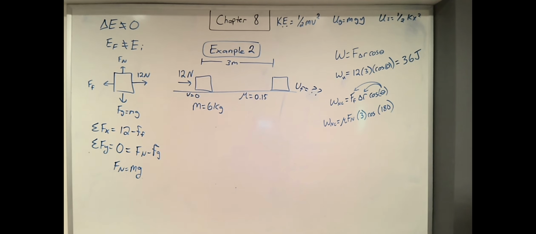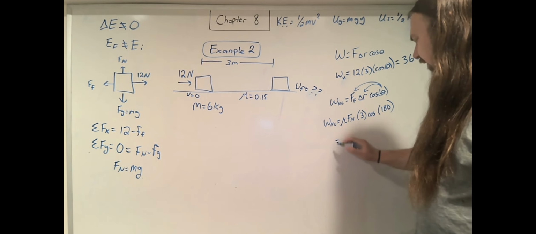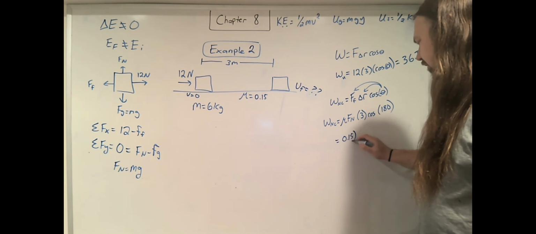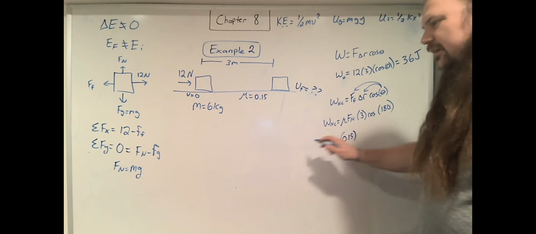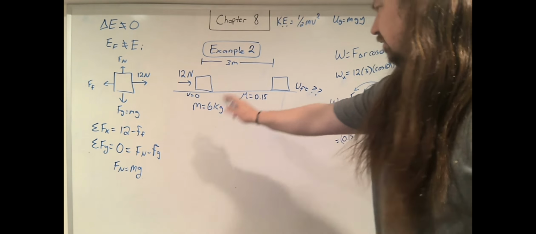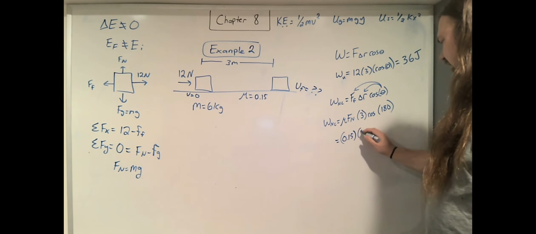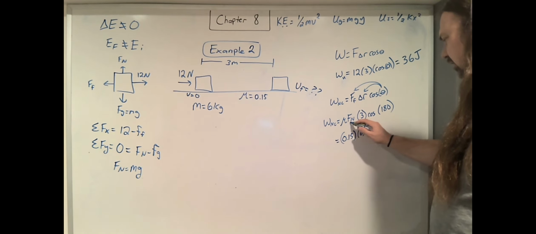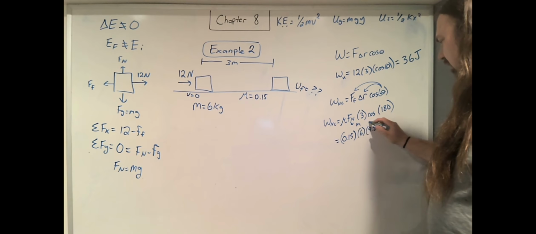I can then take and plug that into my equation over here. And that'll give me the amount of work that is done by non-conservative forces of 0.15 times Fn. Fn is mg, which means my mass will be 6. g will be 9.8. Okay, so this is m and g.